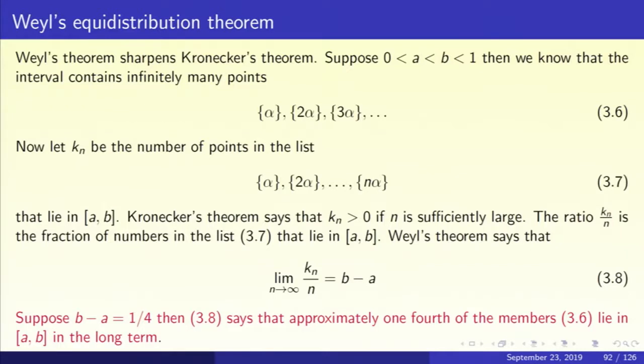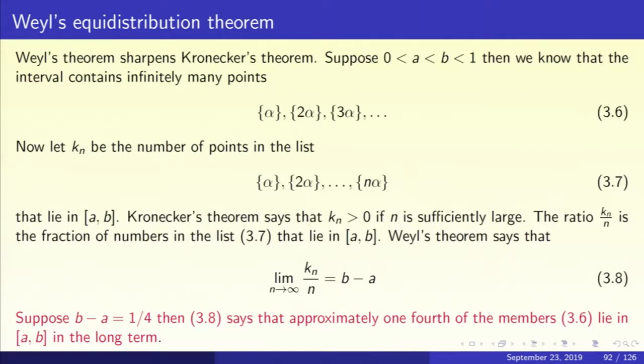Just to give an illustration, let us take an interval in (0, 1) of length 1/4, namely b minus a is 1/4. Then what does equation 3.8 say? 3.8 says that approximately 1/4 of the numbers 3.6 land up in my interval (a, b).